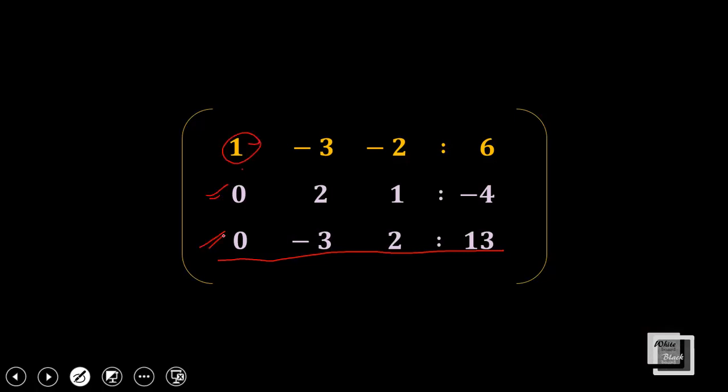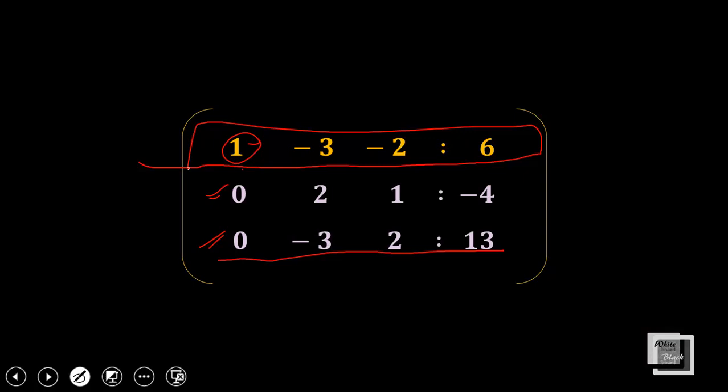In the process to find the echelon matrix, we will again apply the same process. Forget this row. In second and third row, find the first unknown with non-zero coefficient. You will see here that the unknown x has all the zero coefficient.